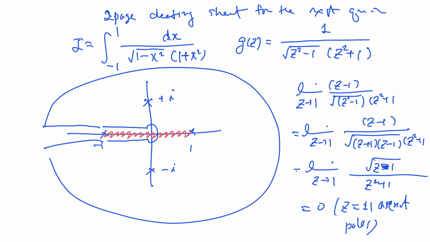So C1, C2, C3, C4, this is CR, right? So C consists of this.